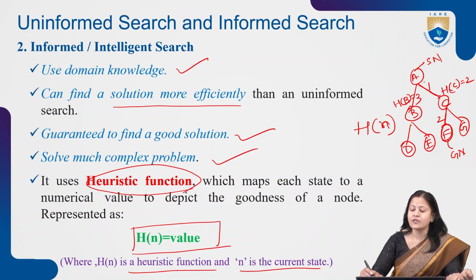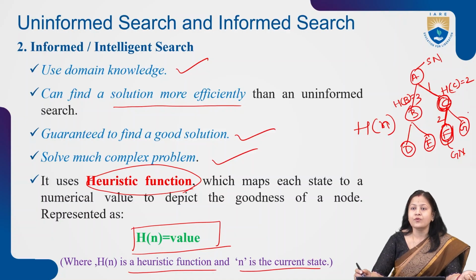That means the heuristic cost is the straight distance from that node to the goal node. So H of C is equal to 2, that means the straight line distance from node C to node F is considered as 2.